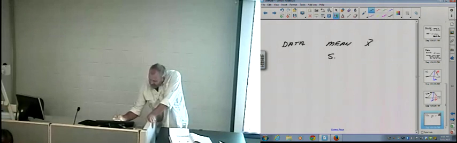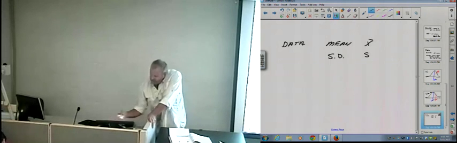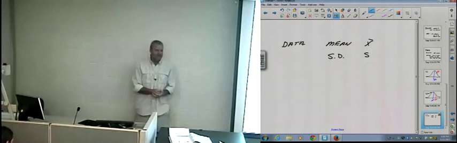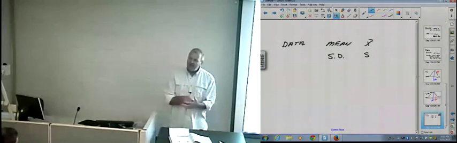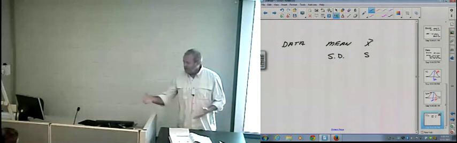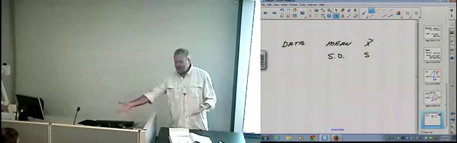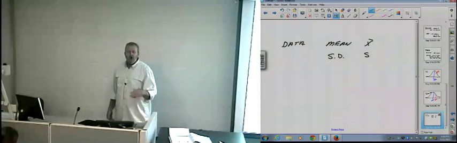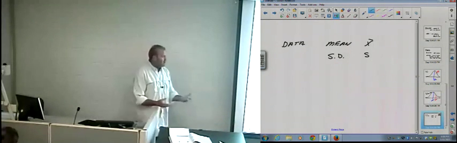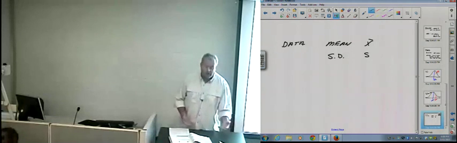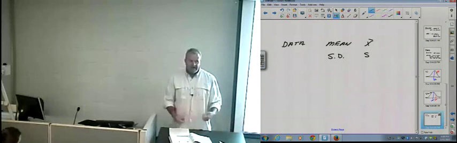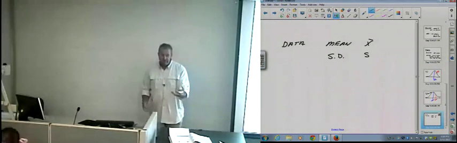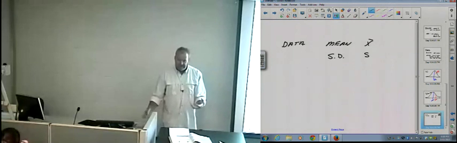For the standard deviation, we always used s. That's our notation out of chapter 2 for the mean and standard deviation, where you have the data and you calculate it, whether we put it in the calculator or in Minitab. That's how you know you're always talking about the data. If somewhere in the book somebody's talking to you about an x bar, they had the data and they calculated it. Or if they're talking to you about the standard deviation s, they had the data and they worked with it. They found the standard deviation.